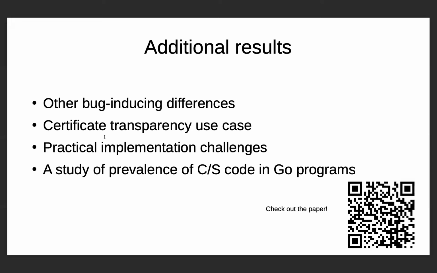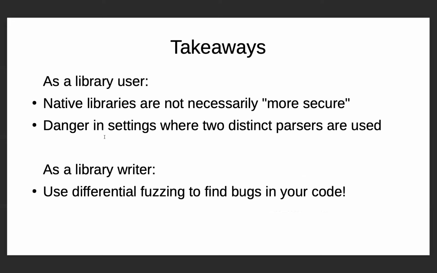And we have a study of the prevalence of C and assembler code in Go programs, just to say that this is something that happens very often, that people use C in Go programs. So you can check out the paper, and I will conclude with the takeaways of our work.